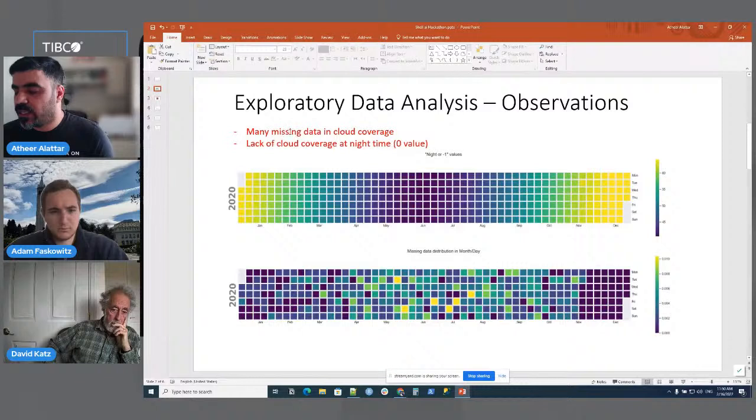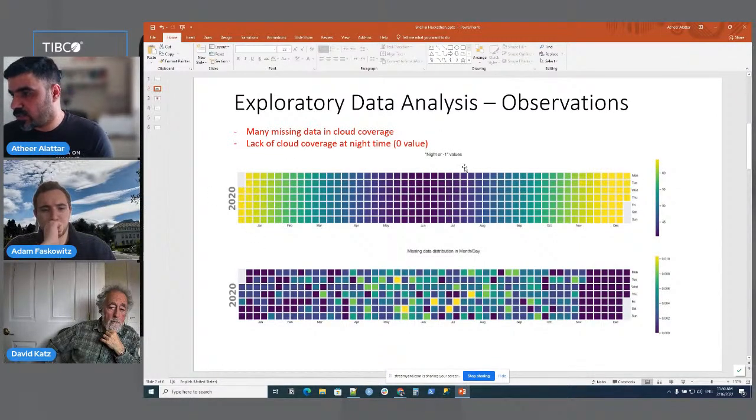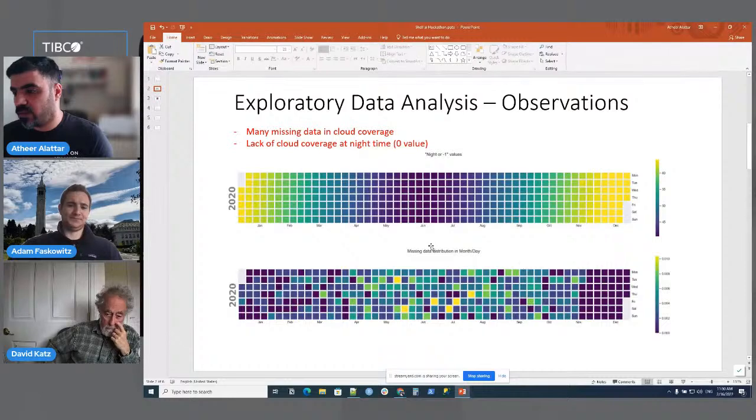For example, there is a sky camera that takes pictures of the sky to help calculate the percentage of cloud, and when it becomes night, this camera returns -1. I plotted this just to validate the data. The data also suffers from a lot of missing values, especially in the middle of the year.